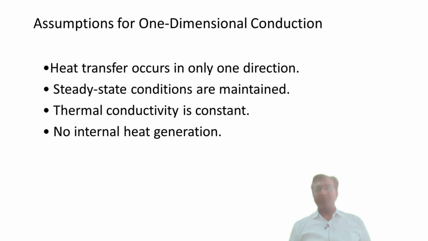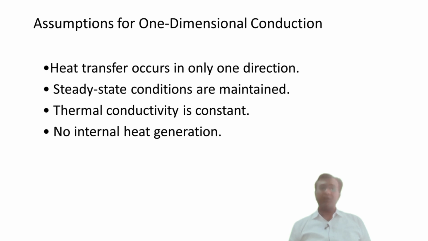Third, we assume the material's thermal conductivity is constant, independent of temperature, which is reasonable for small temperature ranges. Finally, we assume no internal heat generation, so there are no sources like chemical reactions or electrical currents producing heat within the material.